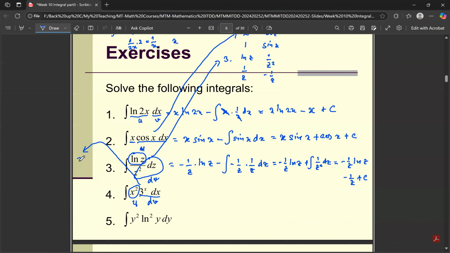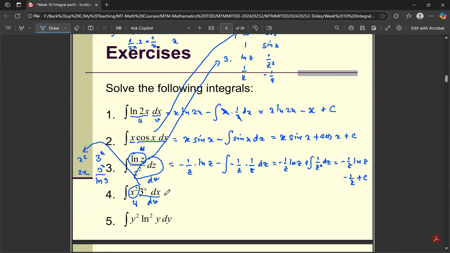U will be x squared, and the derivative of x squared will be 2x, and the integral of 3 to the power x is 3 to the power x divided by ln 3.